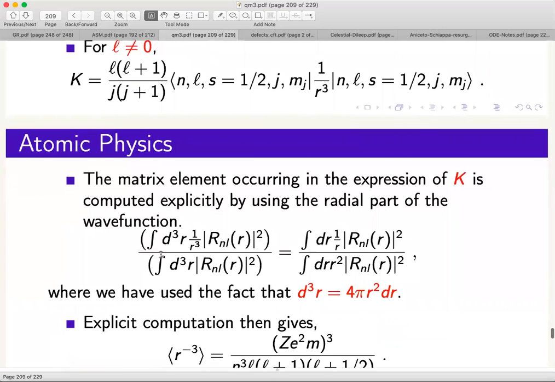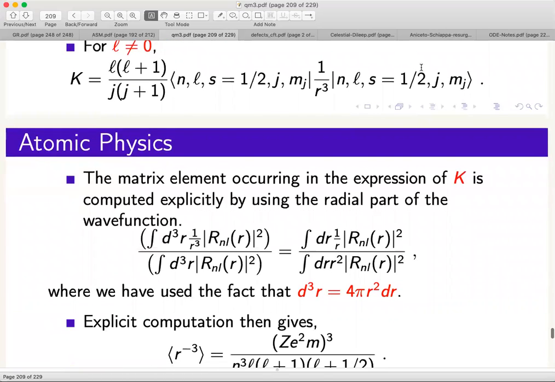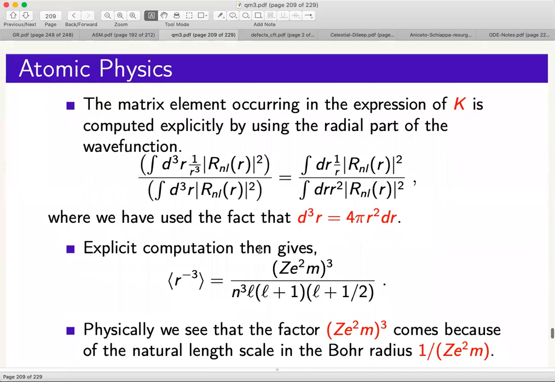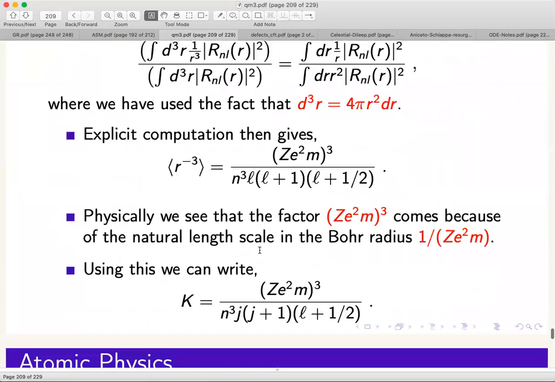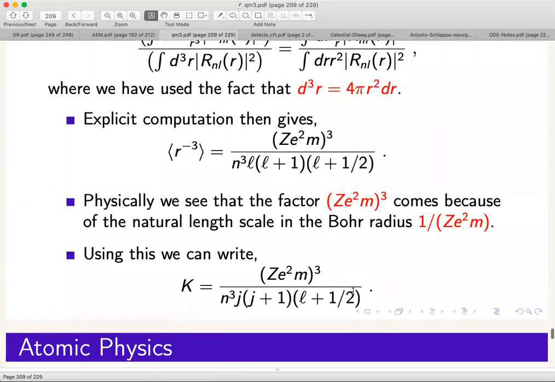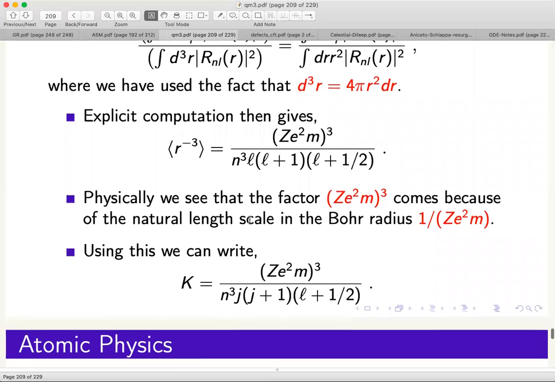After you compute the radial matrix element using the radial part of the wave function, the final answer is that k is equal to z squared m cube upon n cube times j into j plus 1 upon L plus half. Now this is the contribution that you get from the 1 over r cube term in the perturbation term of the Hamiltonian.